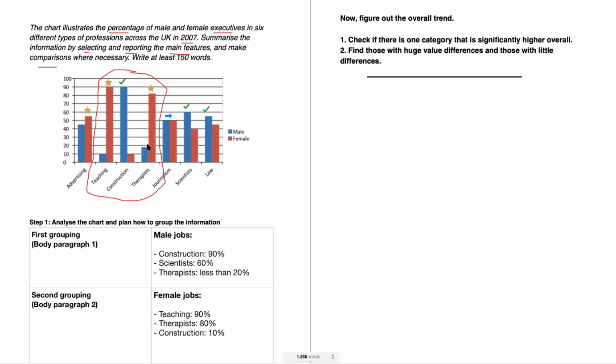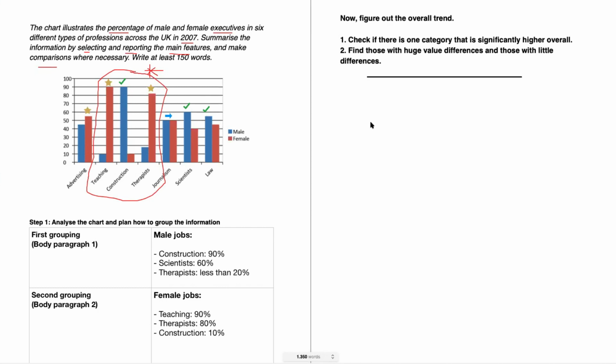There really isn't any use writing about the journalism sector, scientists, law, or advertising because they're quite similar. You want to focus on this trend in your overview paragraph, the fact that there are such large gaps. So this is definitely something, a trend that we can include in our overview paragraph. And then of course, in our 2 body paragraphs, we'll include this information about male jobs and female jobs.